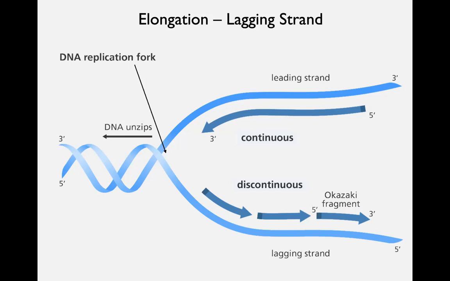So we have to create basically a fragment here if the DNA were only unzipped to here, and then as it unzips further, you just create fragments working towards the replication fork. Each of those are called Okazaki fragments, and they're not glued together yet. That's where the ligase comes in. They have to be joined.